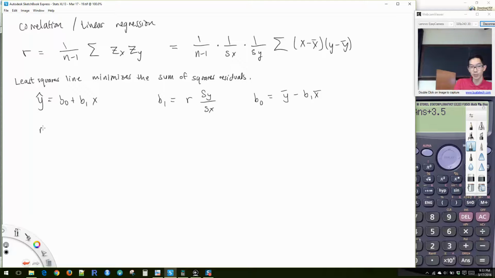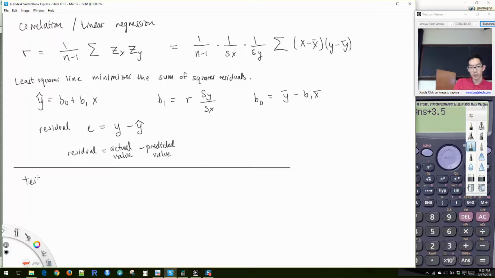A residual e is the difference between the actual value y and our prediction y hat.